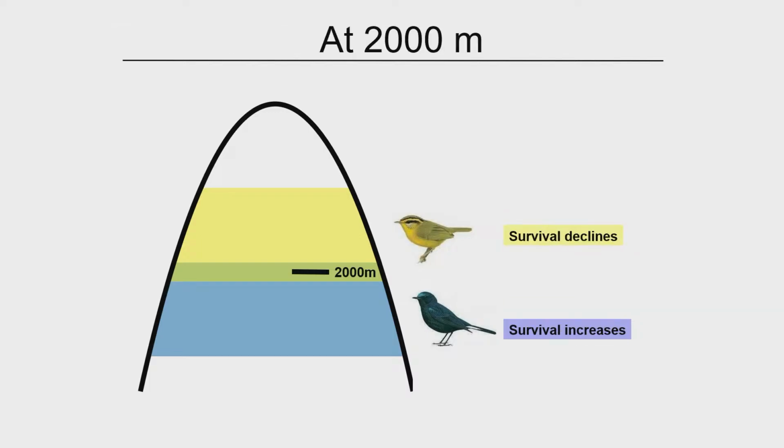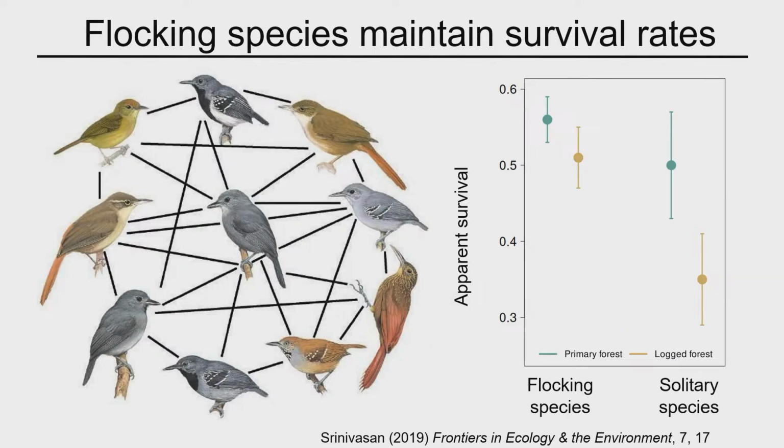What we expected is that the birds at their lower limit would see their survival decline, and birds at their upper limit would see their survival increase, because the birds below are moving up, and the birds above are moving further up. So we expected these birds to show different survival trends, and this would give us proof for birds moving up the mountain over a period of time.